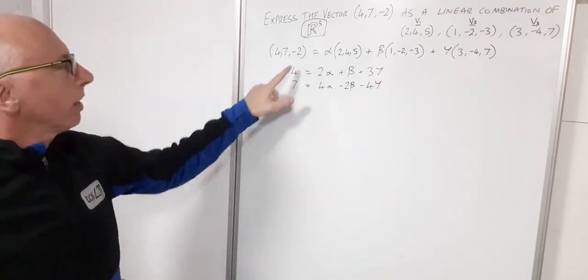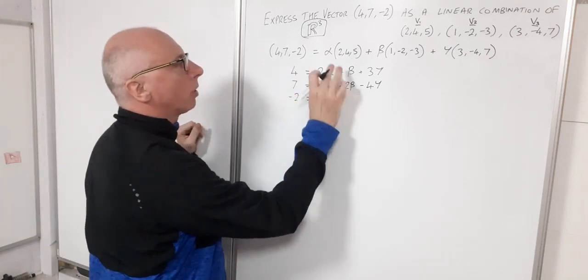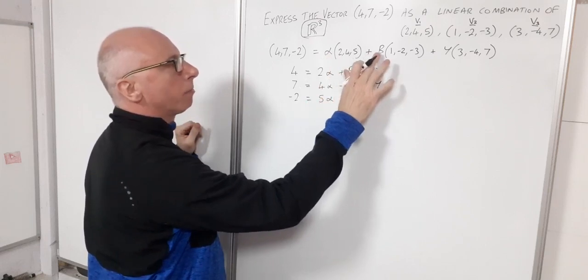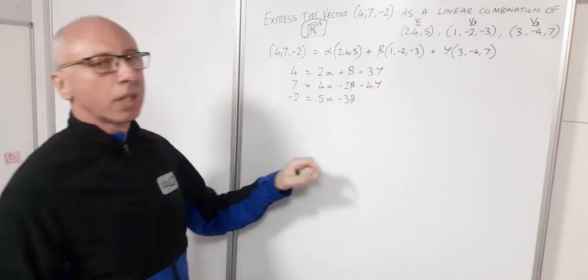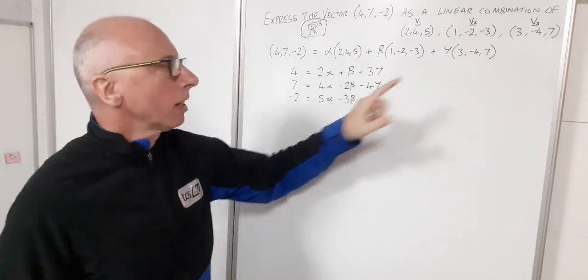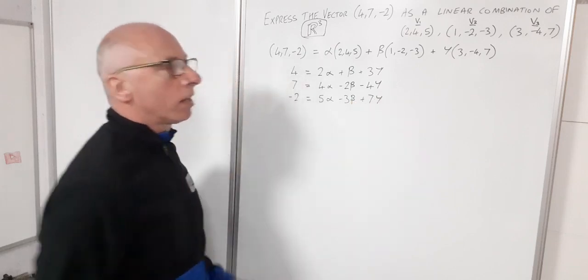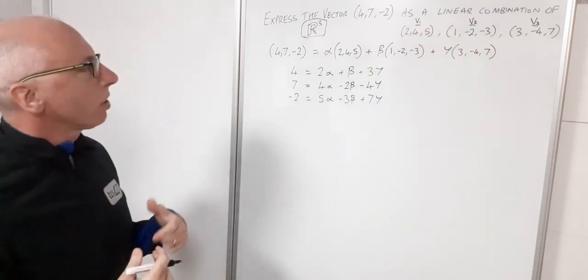And the same with the z component, minus 2, that will equal 5 times alpha, plus beta times minus 3, so minus 3 beta, and gamma times 7, that's 7 gamma.